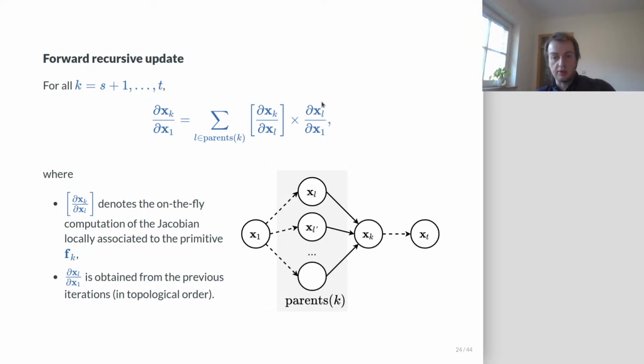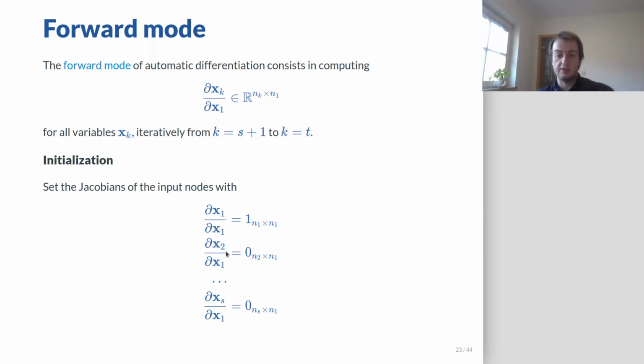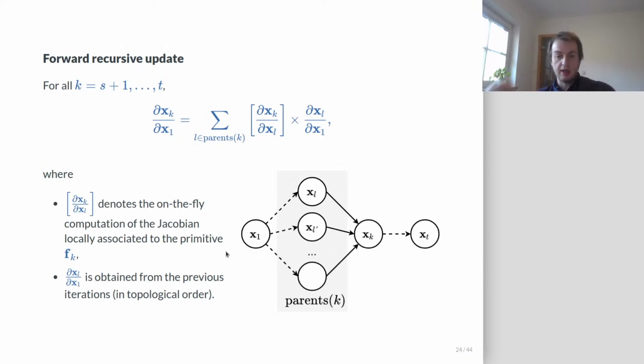And this second factor here, the Jacobian of the parent with respect to x1, is actually obtained from the previous iterations, because we start from these initial values, and then we build them one by one. That means once we are considering this node, we have already computed the Jacobians of the parents with respect to x1.